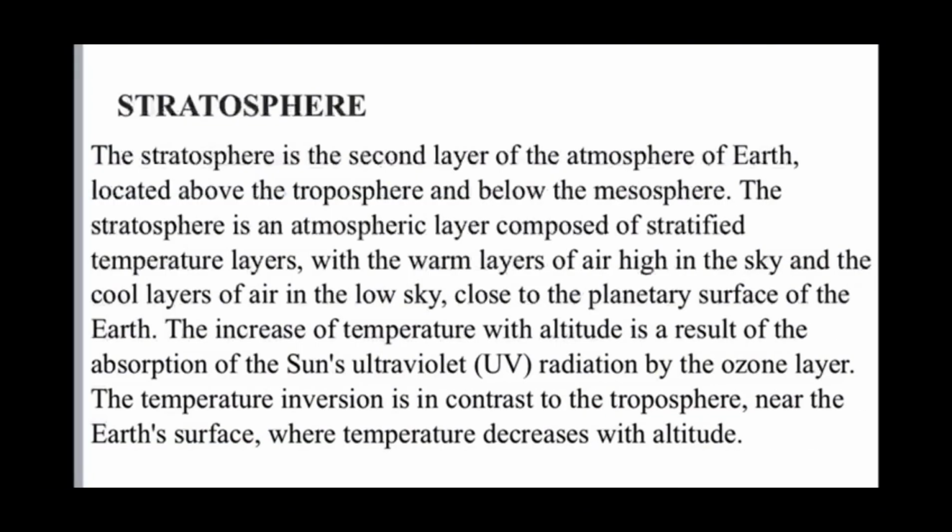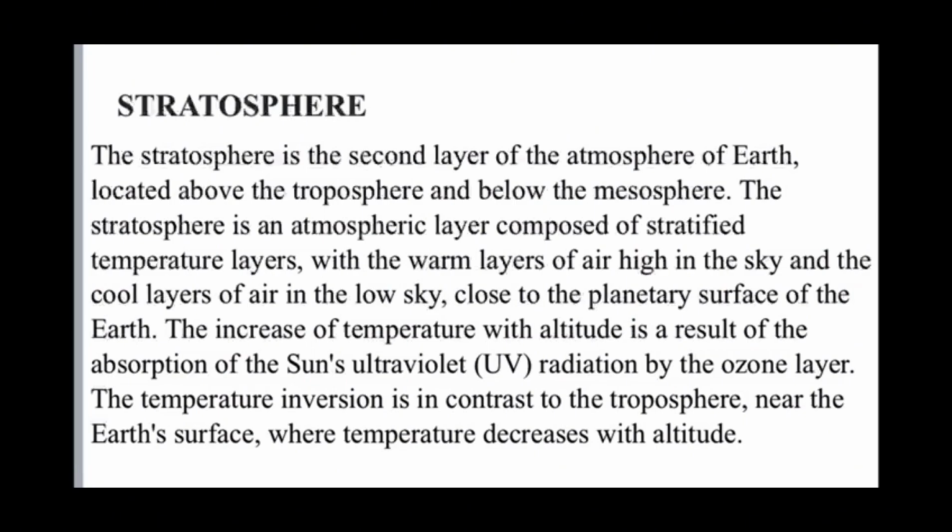The stratosphere is the second layer of the atmosphere of the Earth, located above the troposphere and below the mesosphere. The stratosphere is an atmospheric layer composed of stratified temperature layers, with the warm layers of the air high in the sky and the cool layers of the air in the low sky close to the planetary surface of the Earth.